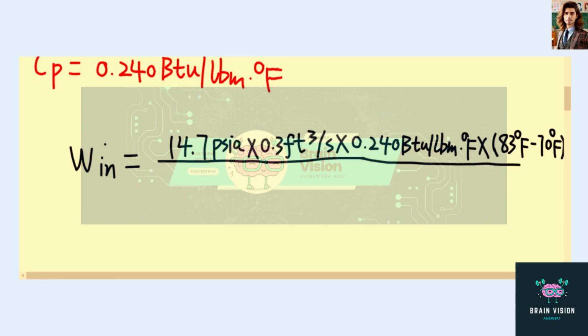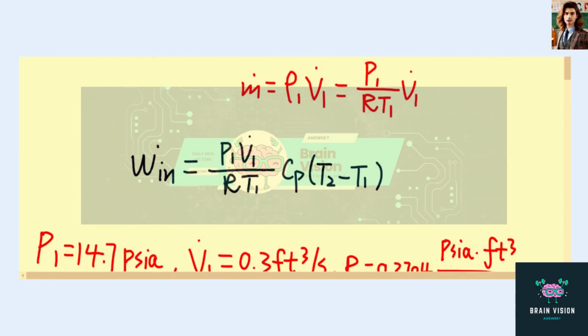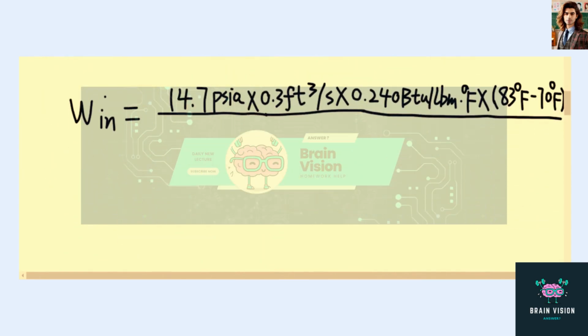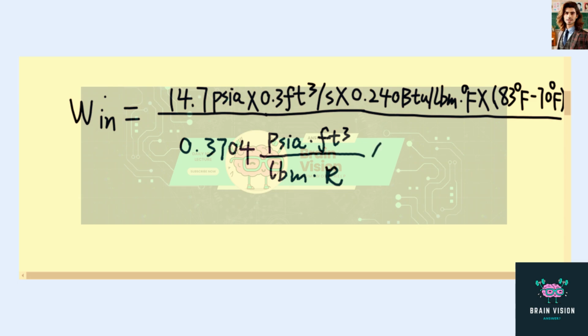And this whole thing over RT1, which is 0.3704 psia times feet cubed per pound mass times Rankine, and then times the initial temperature in Rankine form, which is 530 Rankine.